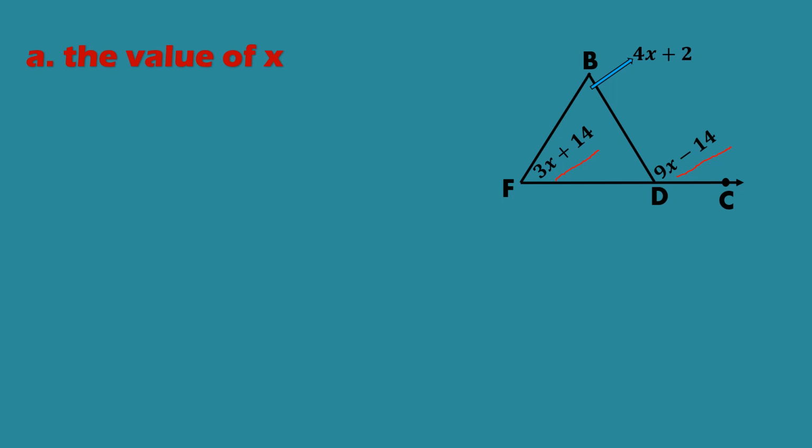The exterior angle theorem once again states that the measure of the exterior angle is equal to the sum of the measures of its remote interior angles. Based on the figure, angle BDC is the exterior angle and its two remote interior angles are angles FBD and BFD.